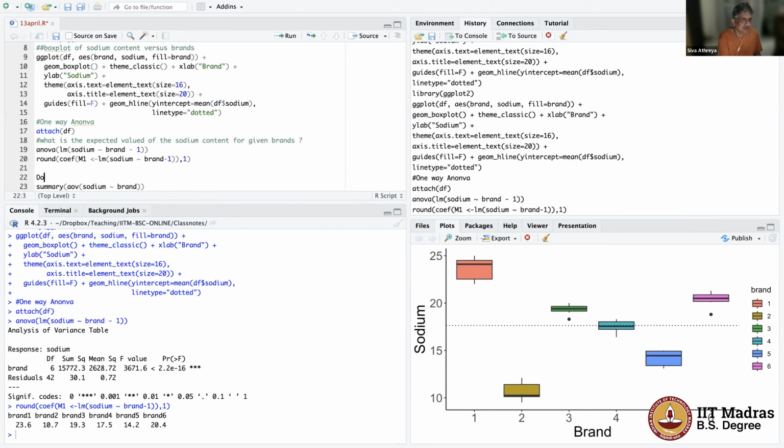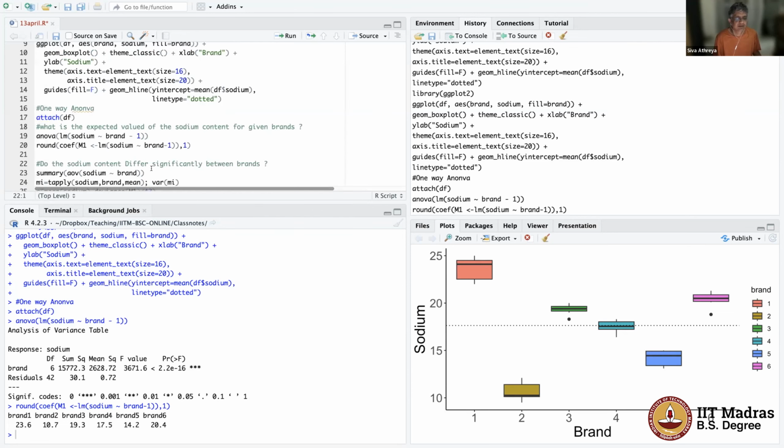So then the question I actually asked you was: does the sodium content differ significantly between brands? Right. So here, let me do the same ANOVA with the aov function.